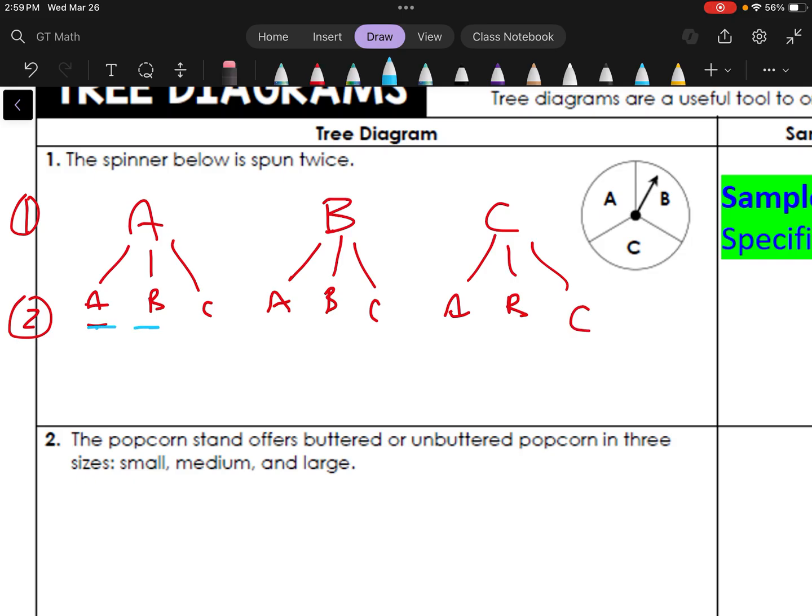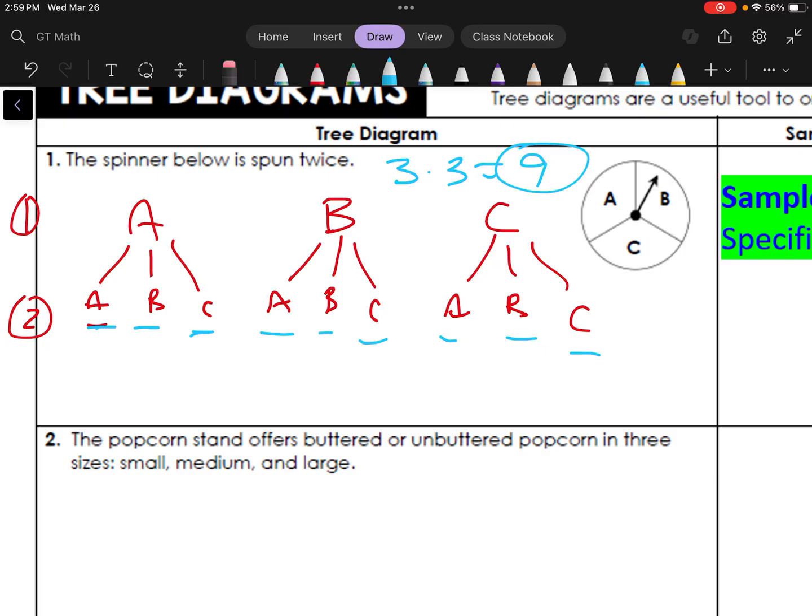So 1, 2, 3, 4, 5, 6, 7, 8, 9. We could have figured that out from the get-go, right? Because we could have just said there are 3 choices, and we're going to do it twice, so 3 times 3 is 9.